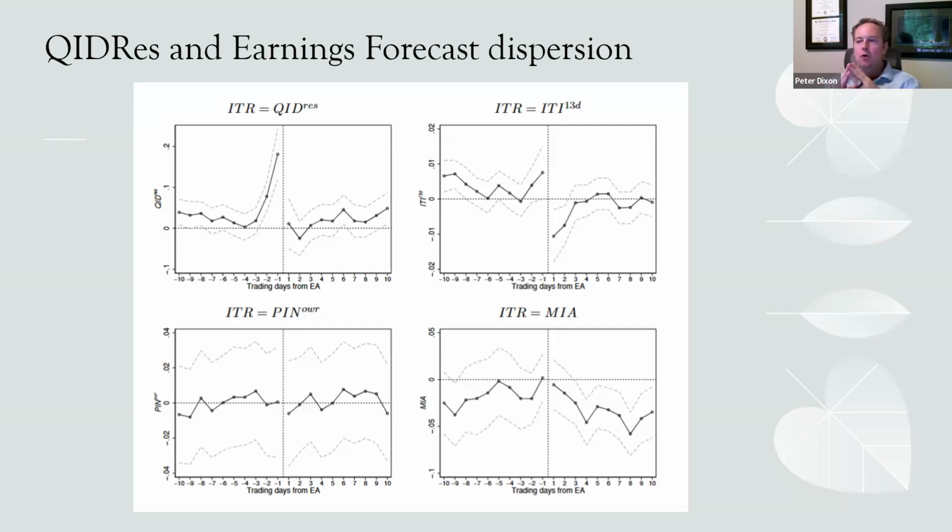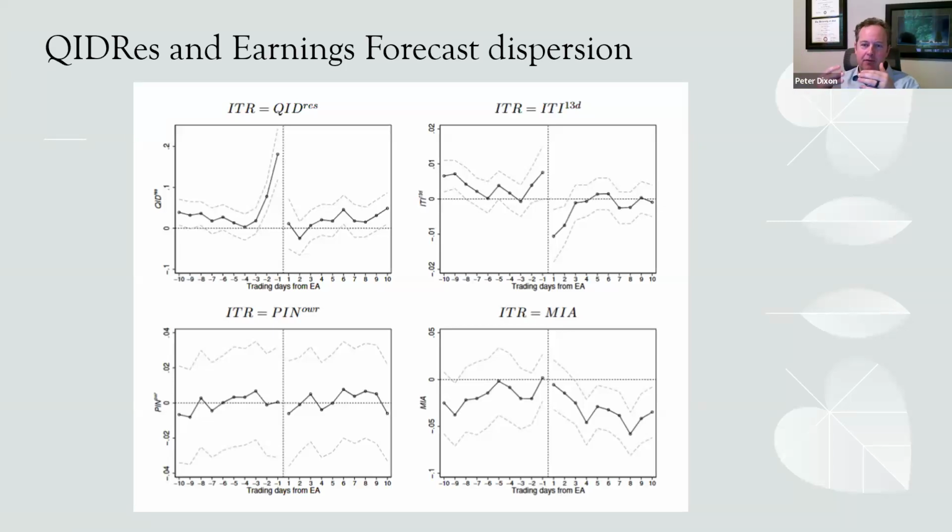So what we're going to do is look at earnings forecast dispersion. The idea here is that when there's a wide range of opinions about what earnings forecasts are likely to be, that's a setting where you would expect to see more opportunities for informed trading.